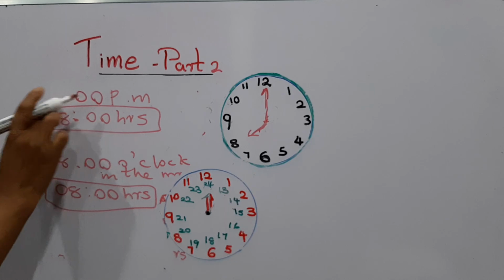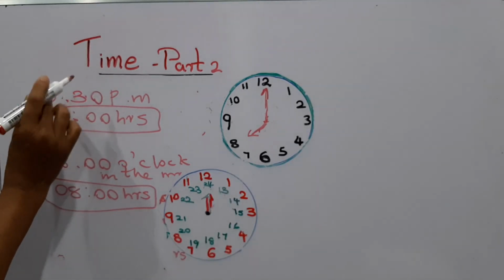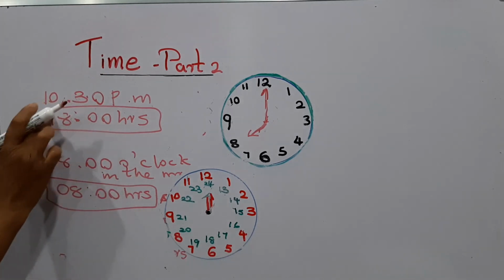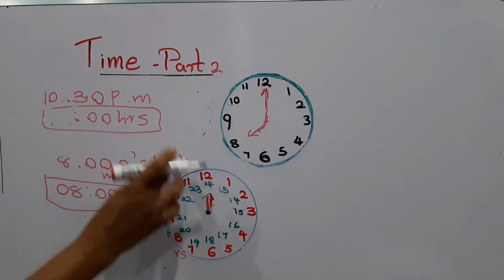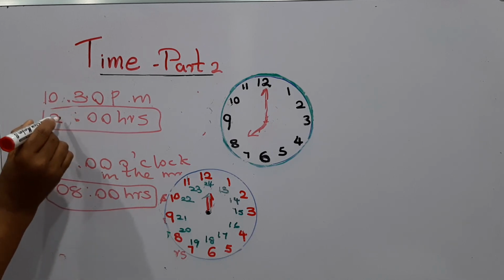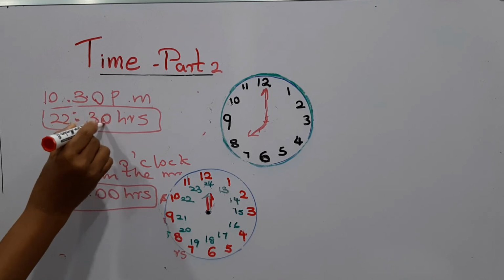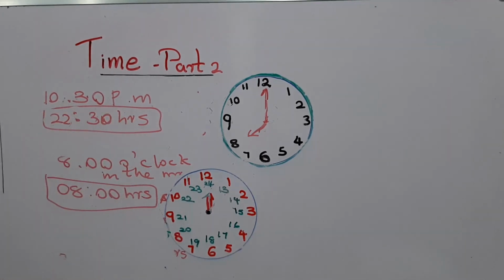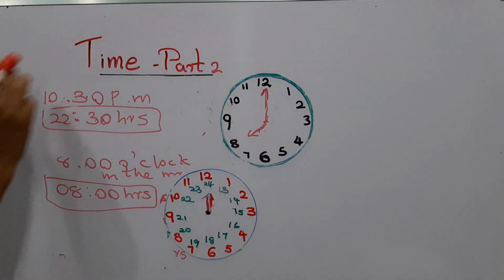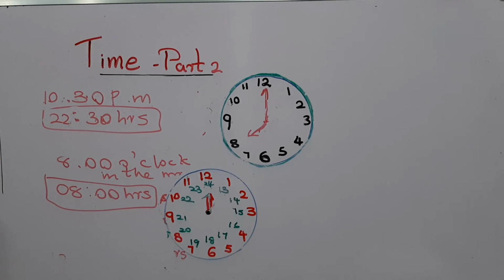Now the time is 10:30 PM. How are we going to write in 24-hour clock time? 10 means 22 hours past and 30 minutes. This is the time. I think you got a good knowledge about 12-hour clock time and 24-hour clock time.